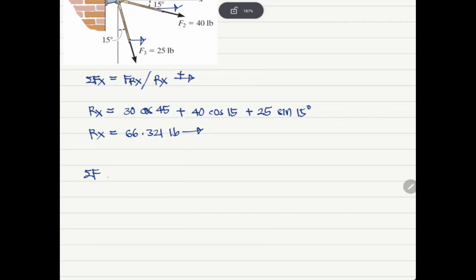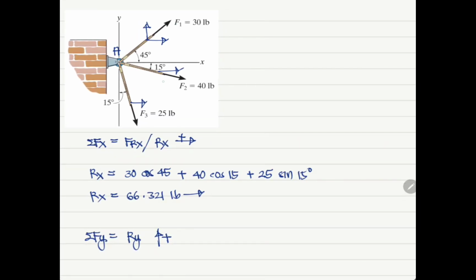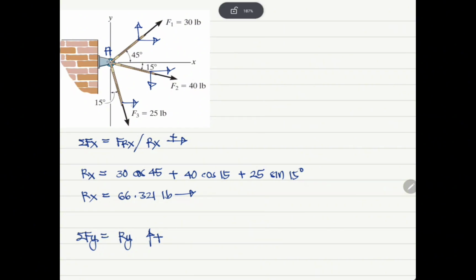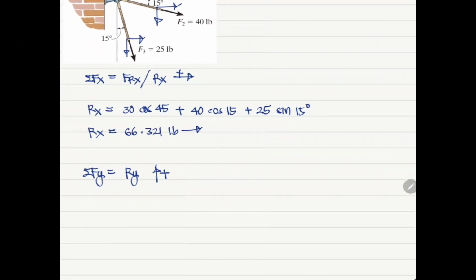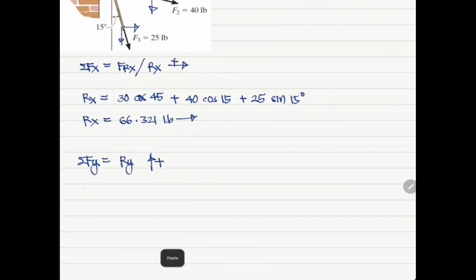Then next is summation of forces along the vertical. We add all forces along y, which is equal to Ry. Assume upward forces are positive. So F1y is upward, F2y is downward, F3y is downward. So positive, minus, minus.